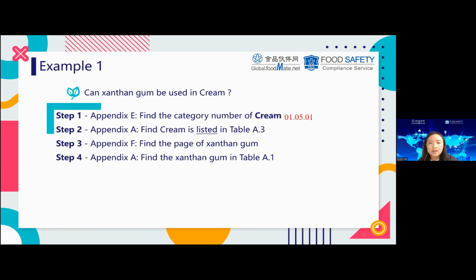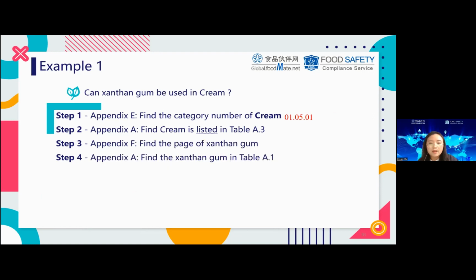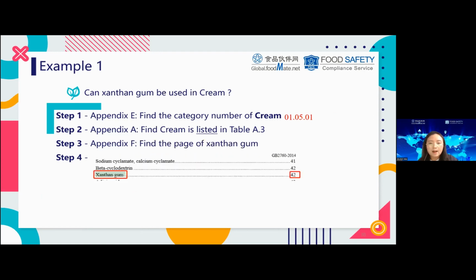It's in the Appendix E, which is 01.05.01, and we go back to the Appendix A to check whether the cream is listed in the table A3. Then we find that, and then we go to find the page of the xanthan gum in the Appendix F. The page number is 42.